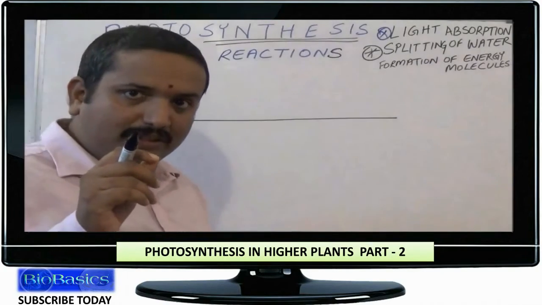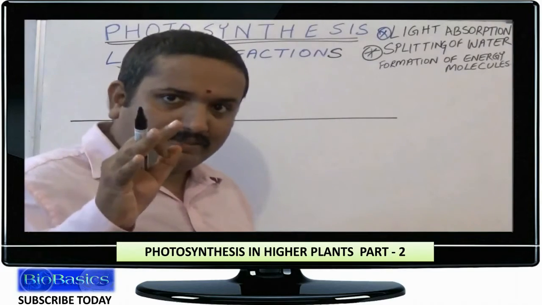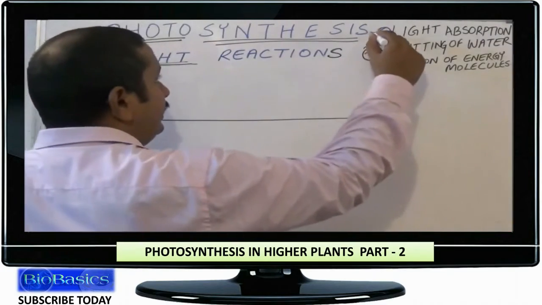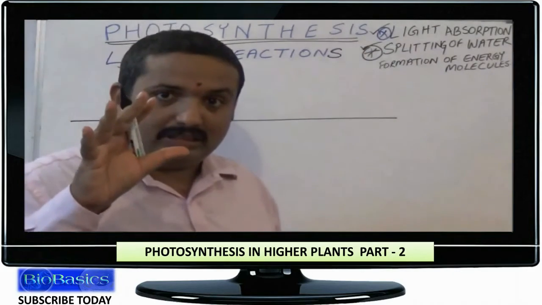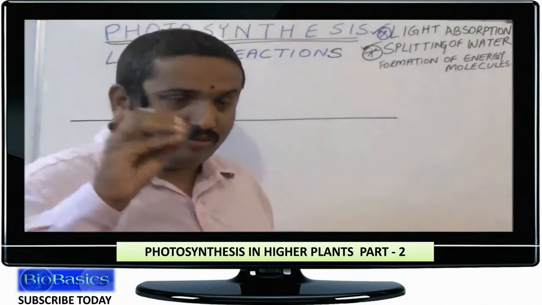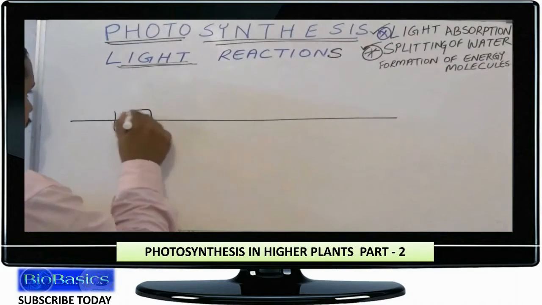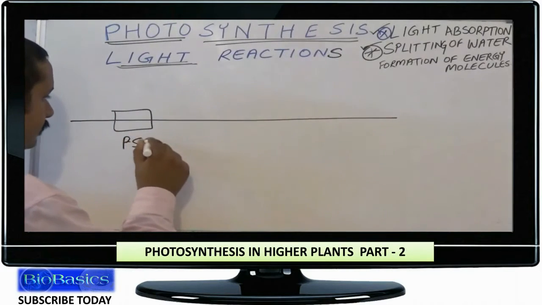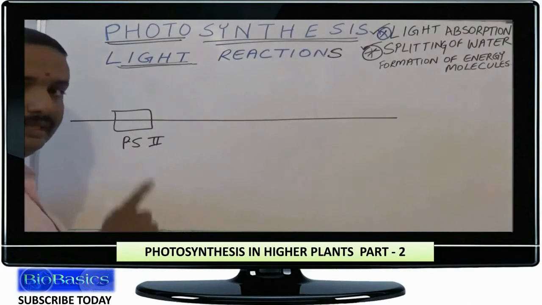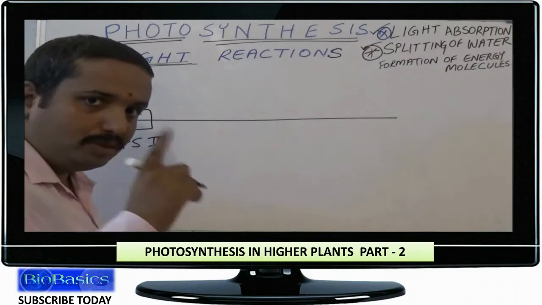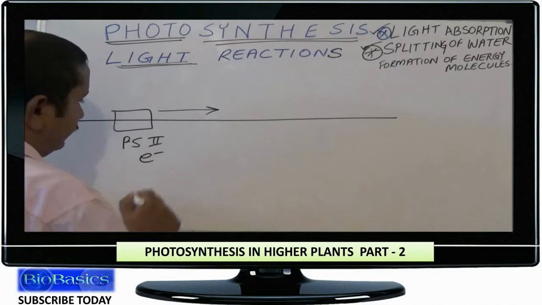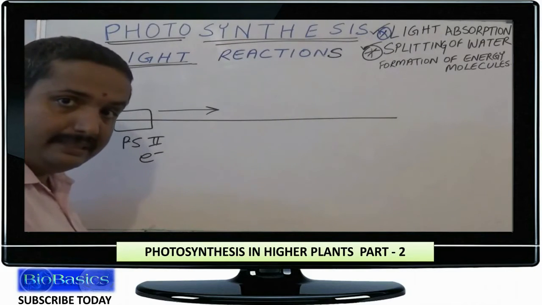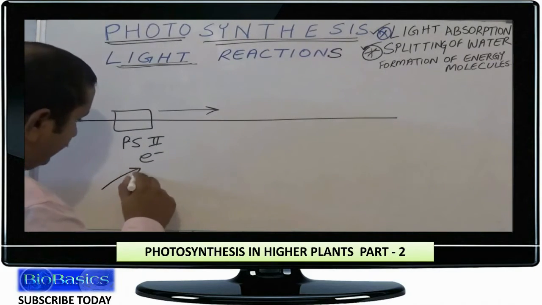Now, very quickly we are going to go and see the third phase. First you saw the light absorption, then we saw the splitting of water. The electrons are now excited. They have moved from photosystem 2. Okay, always remember this photosystem 2. The electrons have got excited. From where did the electrons come?